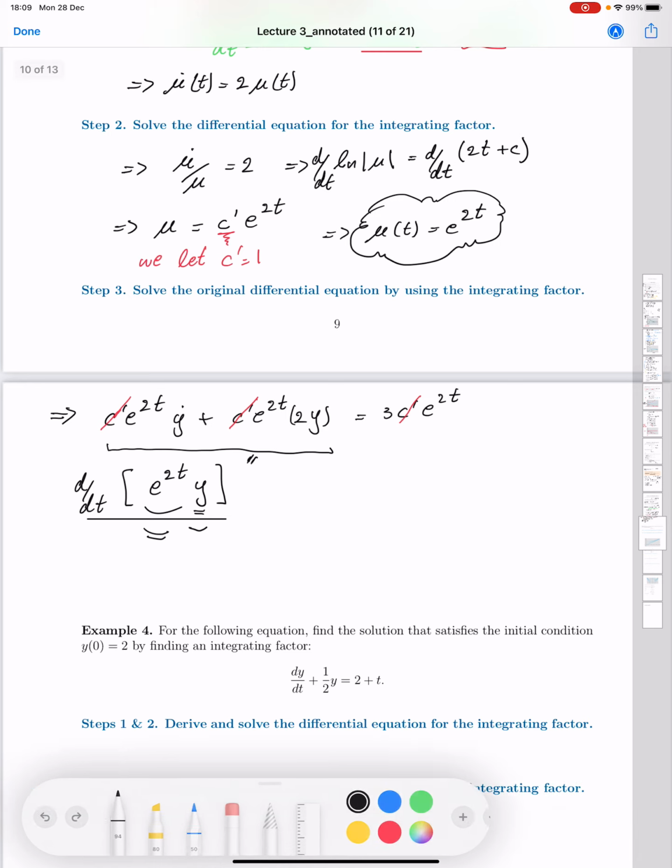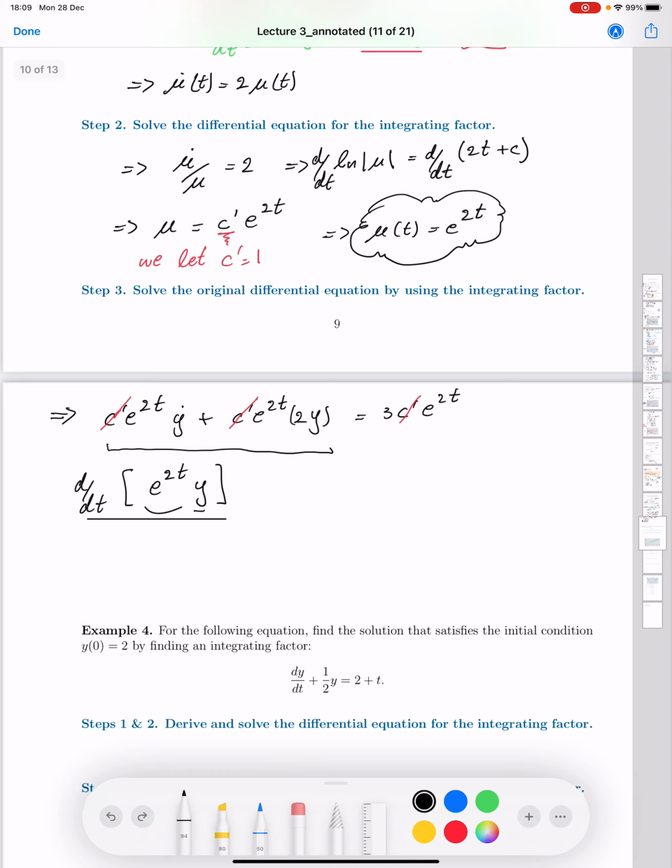Okay, so let me erase these. By the way, what I'm doing here is just using this formula: the time derivative of x times y equals dx/dt times y plus x times dy/dt. It's just the rule for the derivative of a multiplication of two functions.